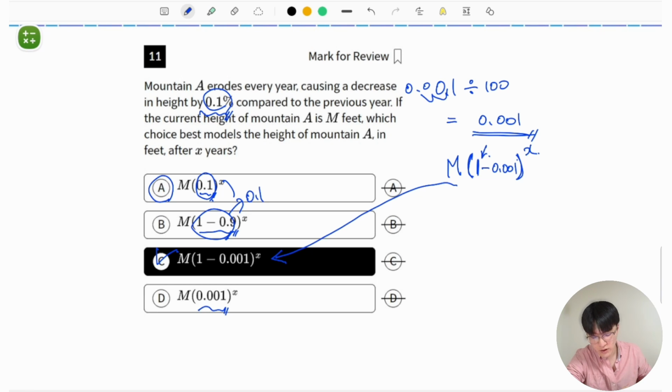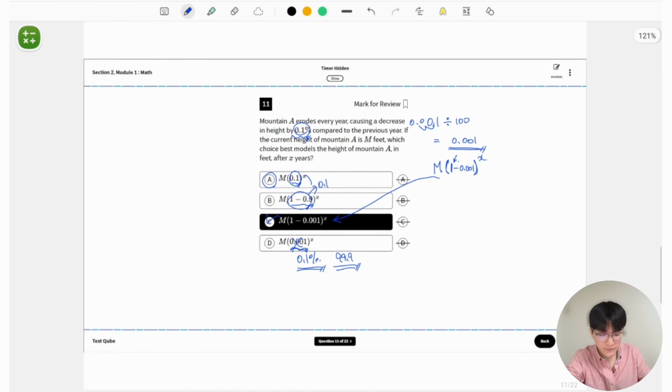In this situation, it's saying every year the mountain's height is decreasing by 99.9%, right? Only 0.1% is left afterwards. So we're losing about 99.9%, and that is not the situation, which is why answer choice C is correct.